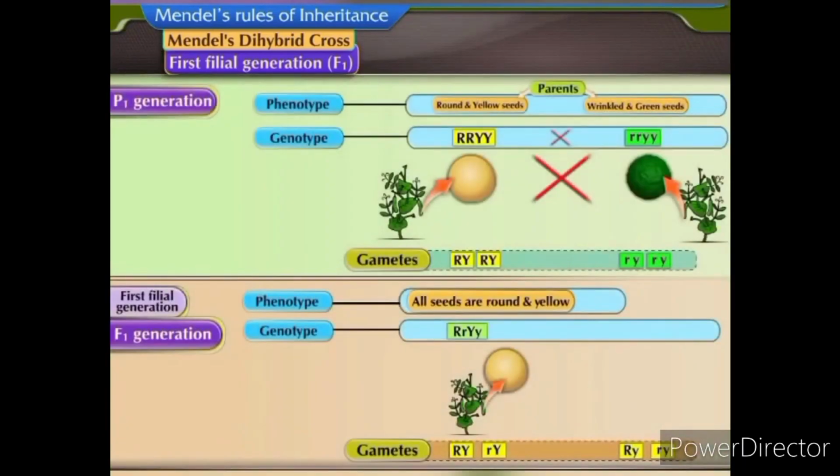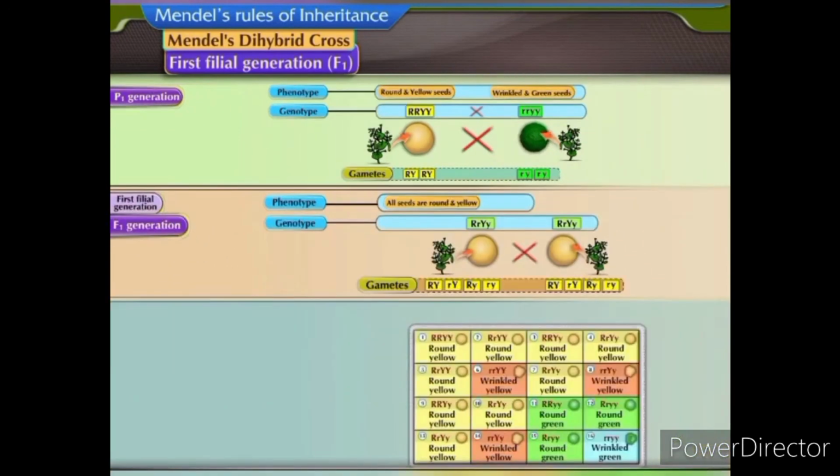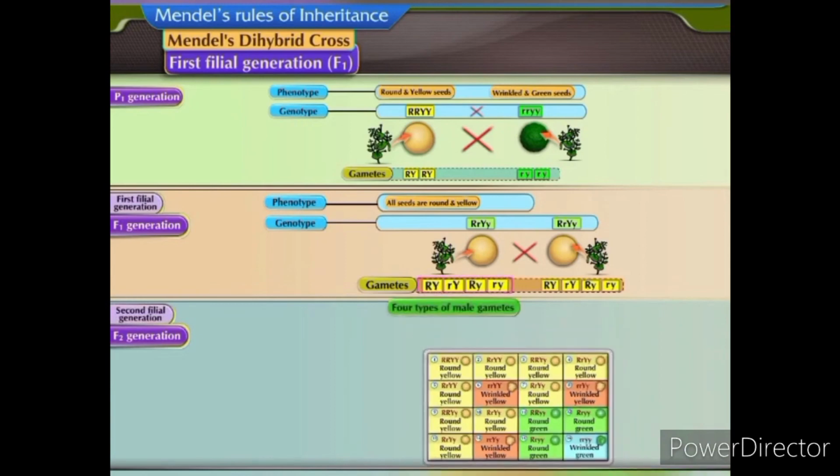When the F1 plants are self-pollinated, they produce a new generation of plants known as F2 or second filial generation. The four types of male gametes and the four types of female gametes produce in all 16 different mating combinations.